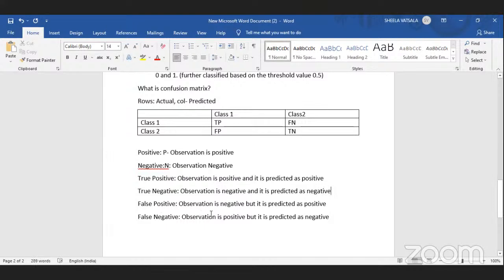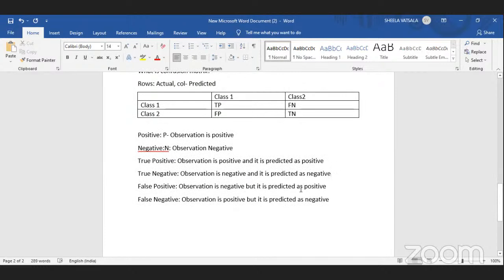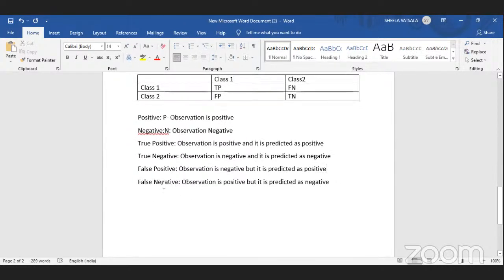False positive is when the observation is negative but it is predicted as positive. That is a problem with our model. False negative means the observation was positive but our machine learning model has predicted it as negative. Okay, I hope I'm making sense. Let me put it up here with the terms, short forms.